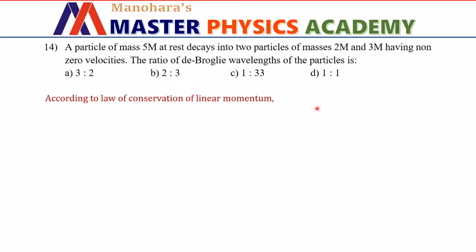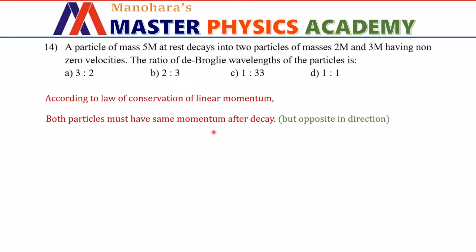This can happen only when one particle moves in the forward direction and the other particle moves in the backward direction. They should have the same linear momentum. That means the magnitude of the linear momentum of the particles after decay should be the same, but their directions should be opposite.